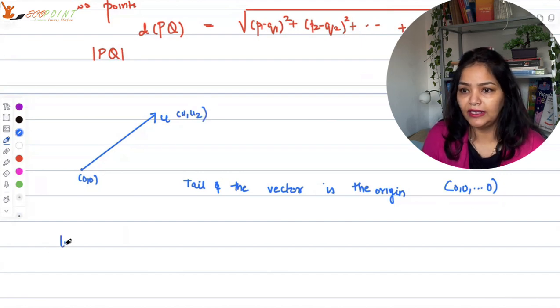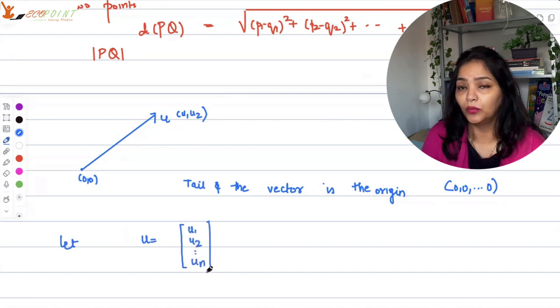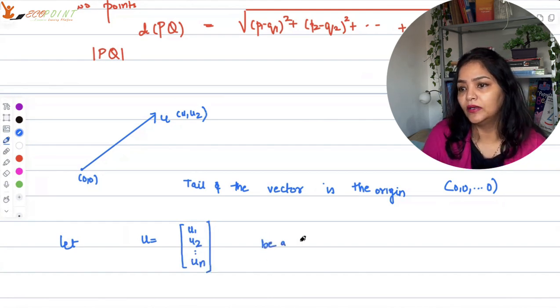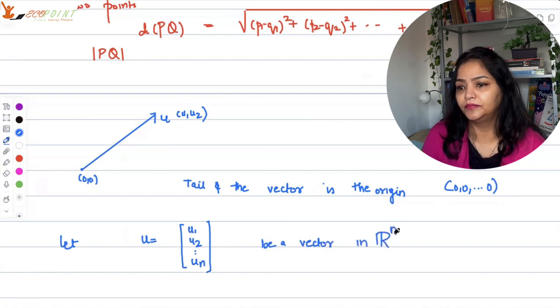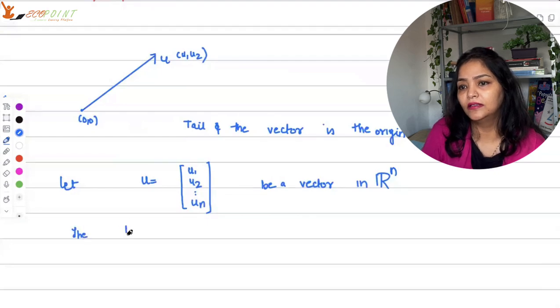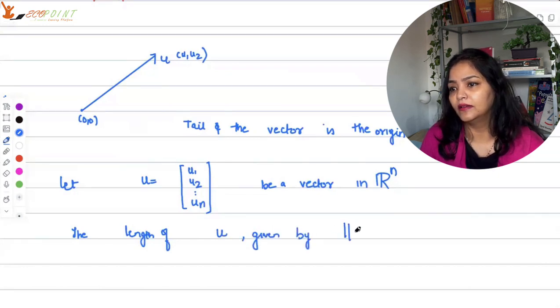So therefore, formally, let U be an n-tuple U1, U2, Un, the way we define a column vector, be a vector in Rn, the length of U given by, look at this.